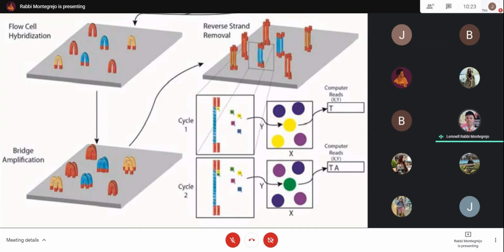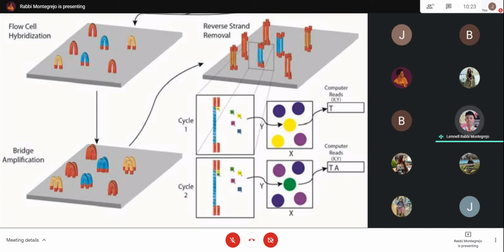Then again, similar siya sa Sanger sequencing, once those nucleotides are incorporated into the strand, they release a characteristic light, which can then be interpreted by a computer to signify or to represent a base call. So in this case, yellow, when this mystery nucleotide is incorporated, it releases the yellow color.